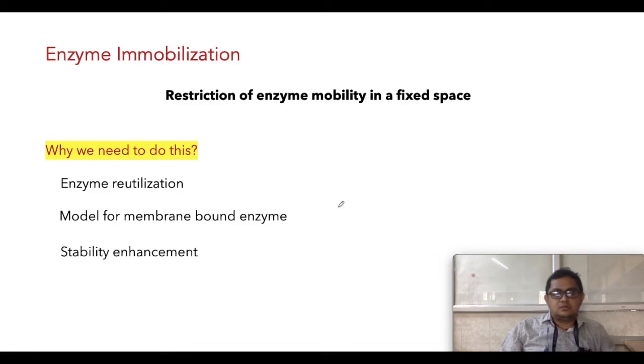The third one is stability enhancement. It is very rarely used, but in some cases it is used to increase the stability. What I mean is, if you are using a free enzyme and it starts degrading or melting at say 50 degrees Celsius, but your process requires running the entire operation at 50 or 55 degrees Celsius, in that scenario you cannot use the free enzyme.